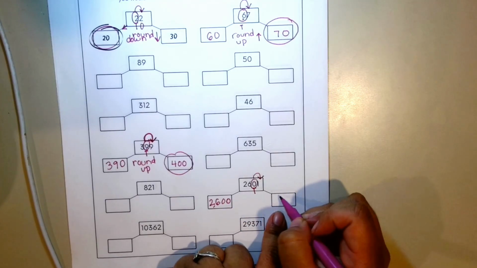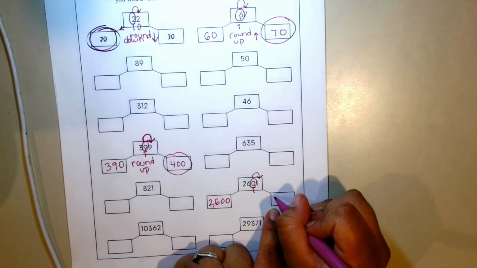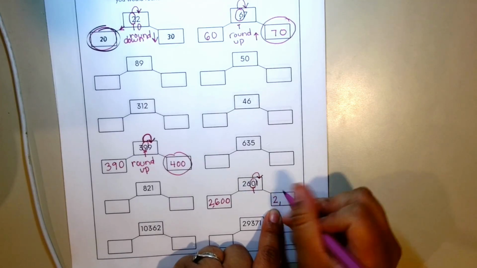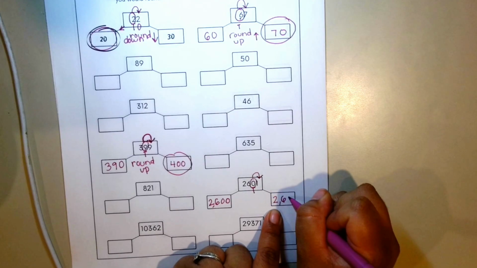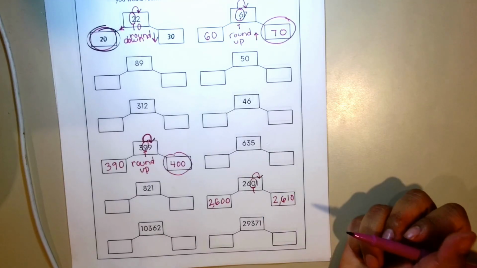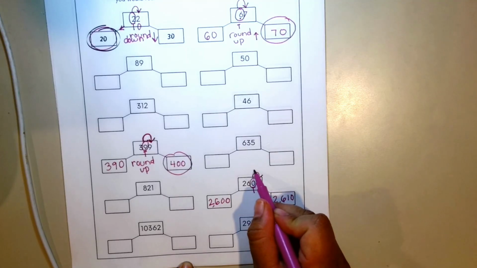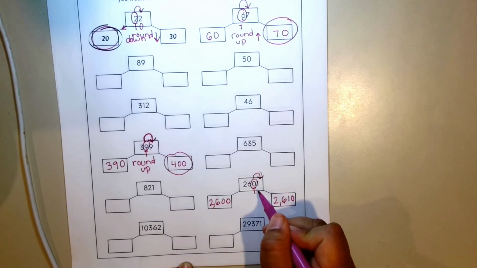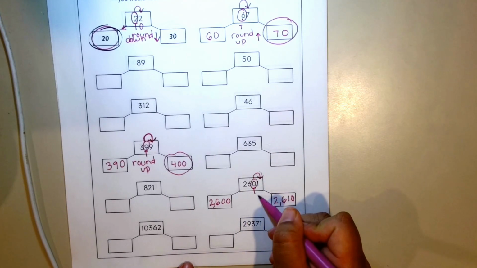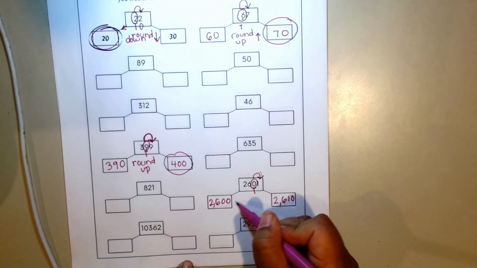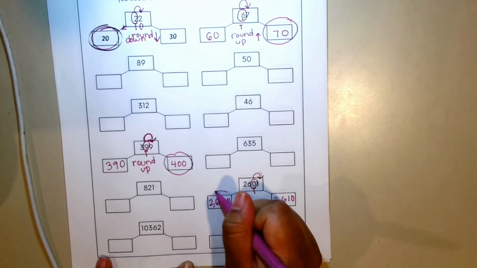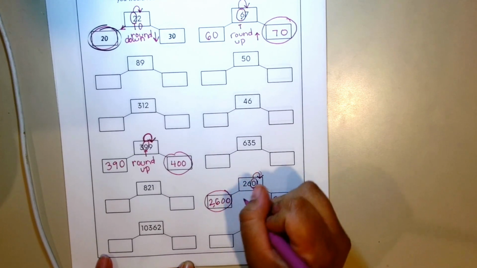And on the upper end, we would have 2,610. Okay, next we look at the number next to our target number. It's a 1. So that means if it's 4 and below, we round down. So we would round down to this number.